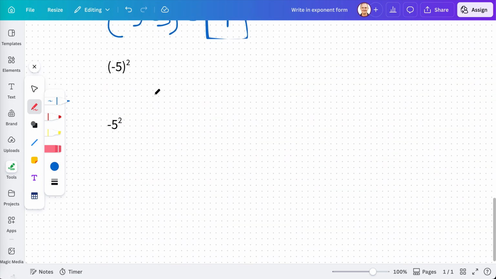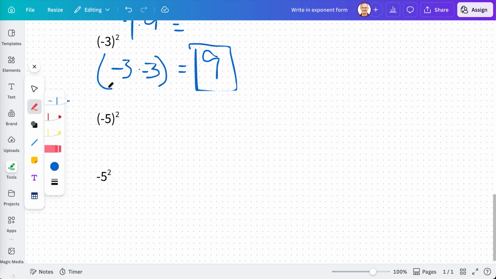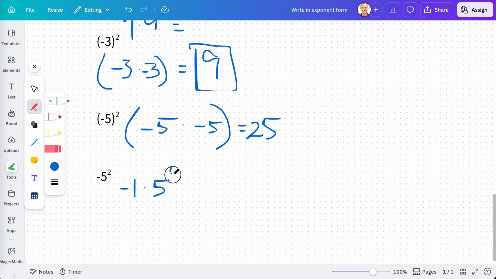So let's try this one again. So again, the negative is on the inside, so this will become positive. So -5 times -5, and this is going to be 25. Whereas this one, I'm going to do it again where I write out the -1 first, times 5 squared.